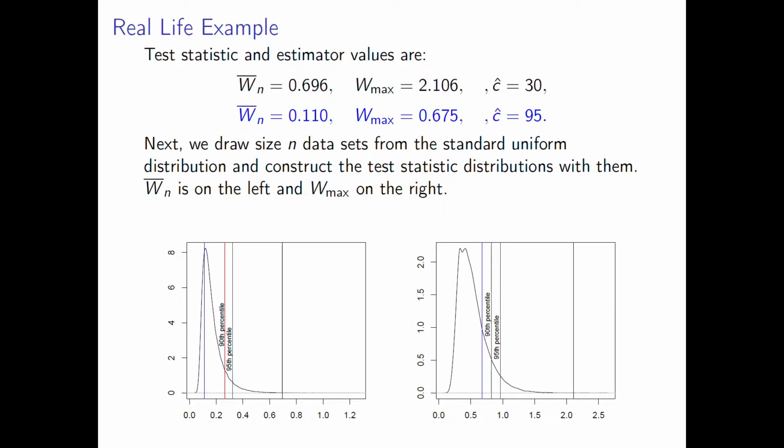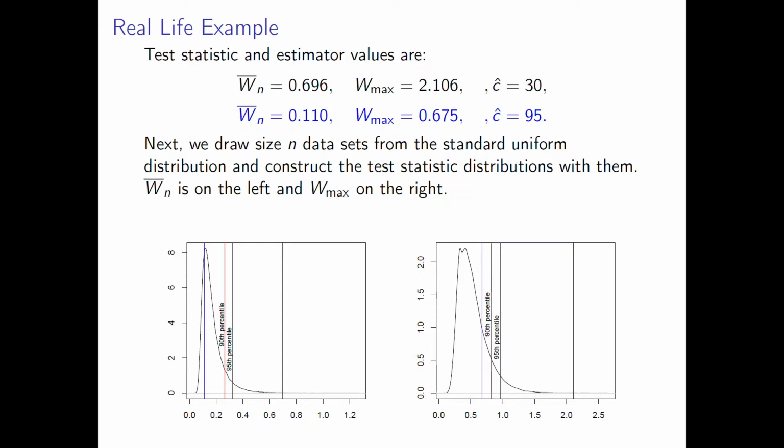And we can see that for the blue data set, if you look at the left plot, which is for the summation type test, the blue line, which represents the test value for the blue data set, is on the left of the percentiles.